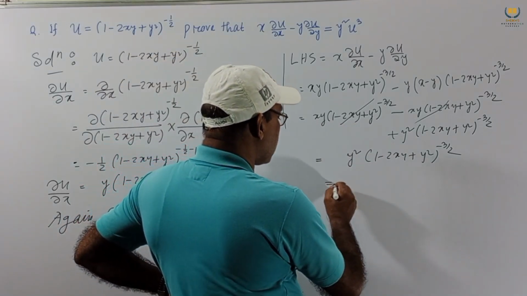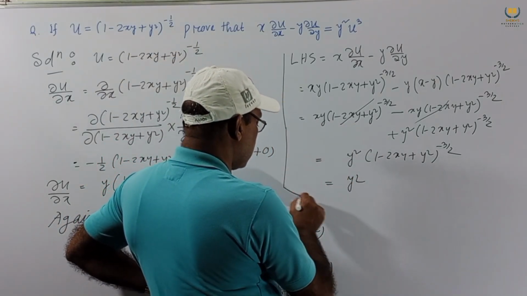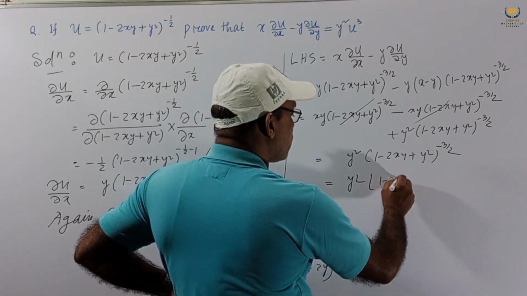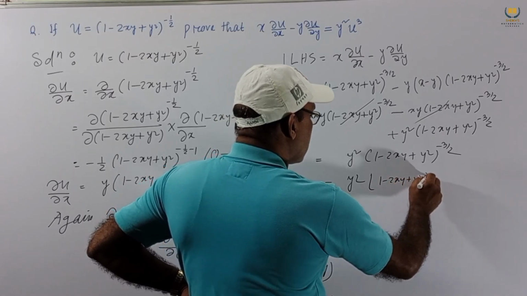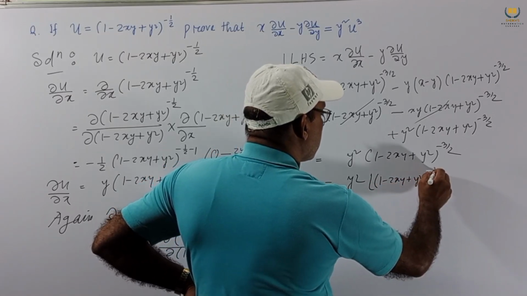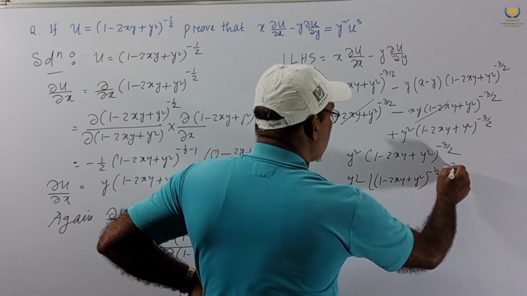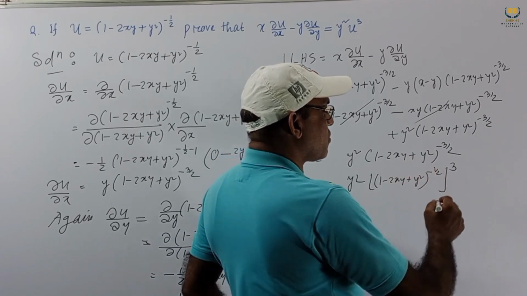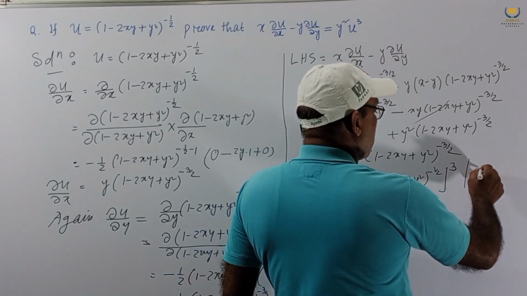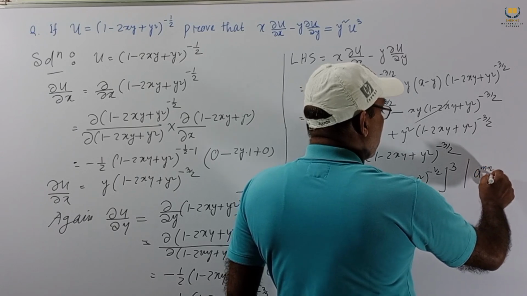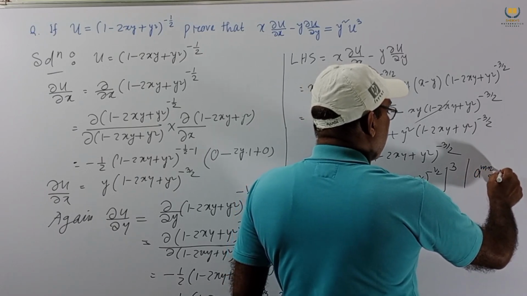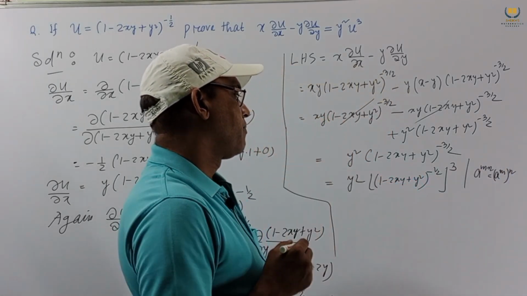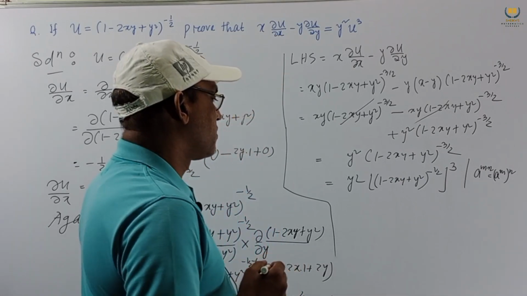So this can be written as y square and (1 minus 2xy plus y square) whole to the power minus 1 by 2, whole to the power 3. If we multiply this, we get minus 3 by 2, because we know the formula a to the power mn. We can write a to the power m to the power n also. We get m into n. By using this formula, we get this one.